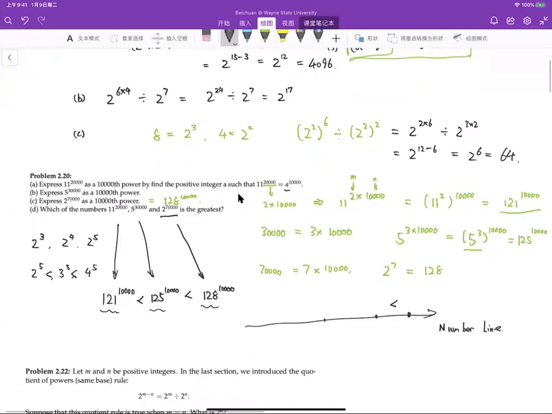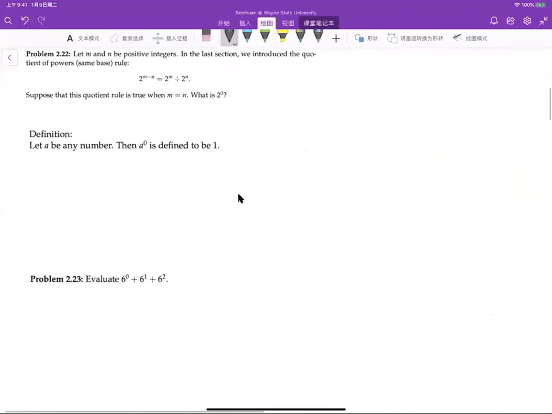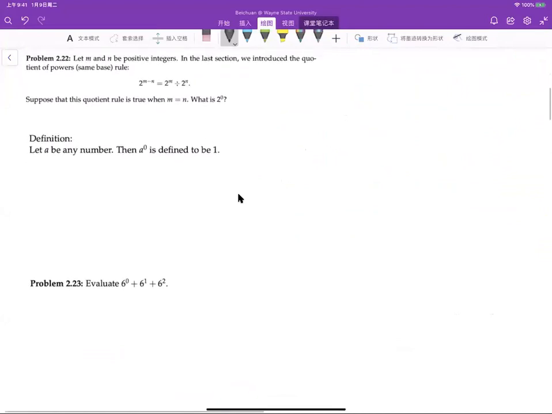All right, so then let's go to the next section. This time we will start section 2.3. This time, we'll generalize the definition of the exponents, or say the power. In sections 2.1 and 2.2, we only defined something like a to the mth, where m is a positive integer.